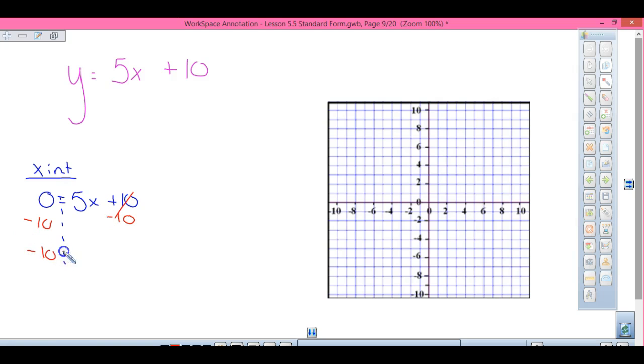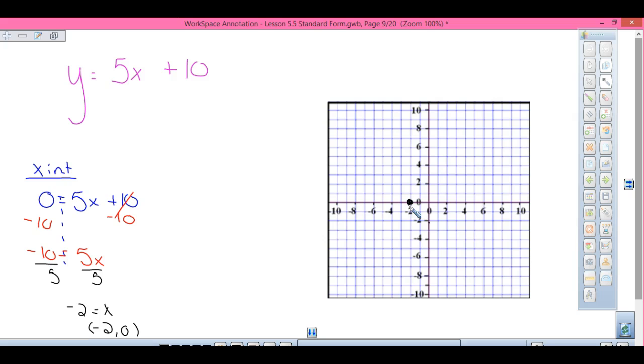So negative 10 equals 5x, then what? Divide by 5, x equals negative 2. So this point is negative 2, 0, because x is negative 2, y is 0. So negative 2, 0 is right there.